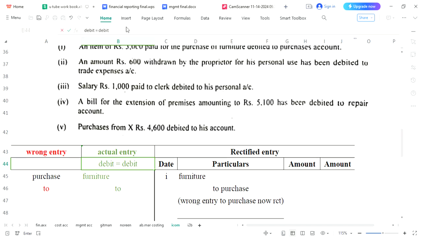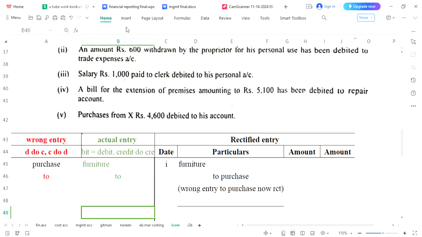Actually, less space was present. While on the wrong entry side, if it is debit, do credit. If it is credit, do debit. That means the opposite side.